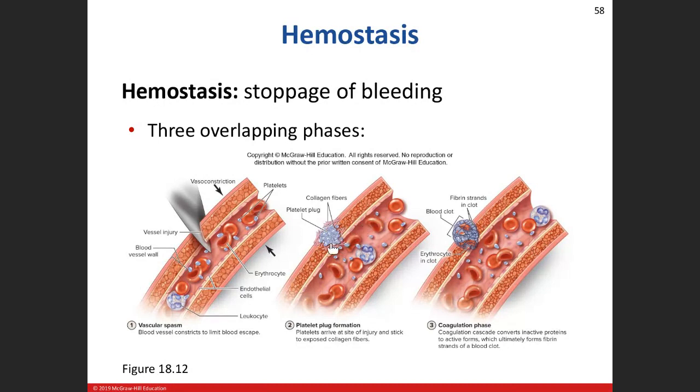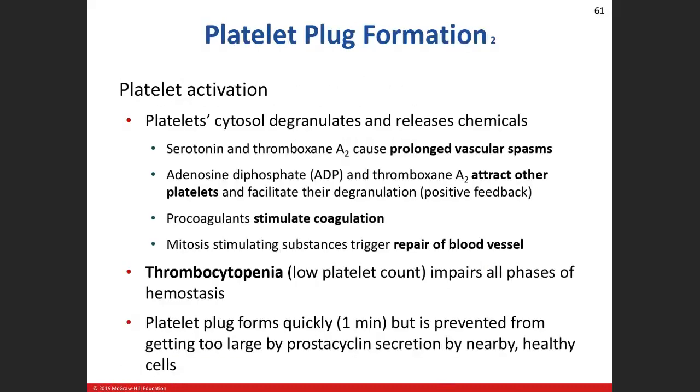Here it's damaged, so they're not producing the prostacyclin, so the platelets will migrate to that area, where there's damaged collagen and other things also. But over here and over here, those areas are still producing the prostacyclin, so your platelets will not stick onto them.